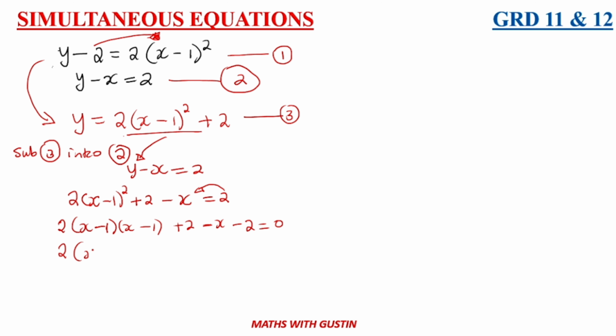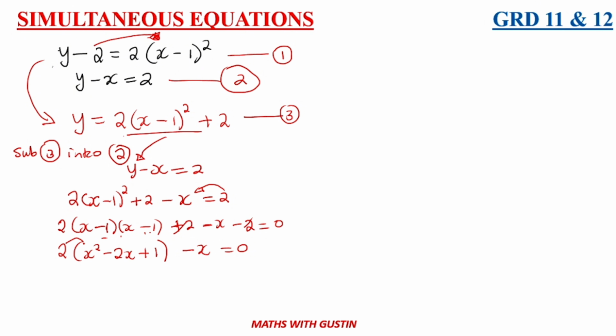When you remove the bracket here, x squared, negative x times 1 will give us -2x. Negative times negative will give us positive. 1 times 1 is equal to 1. Close bracket. Here we have plus 2, -2 there. Therefore, these ones will cancel out. We're left with -x is equal to 0.